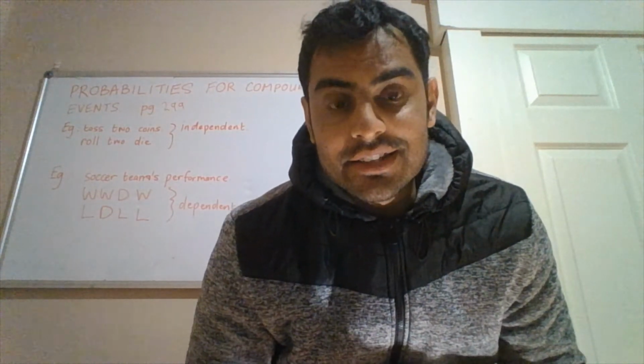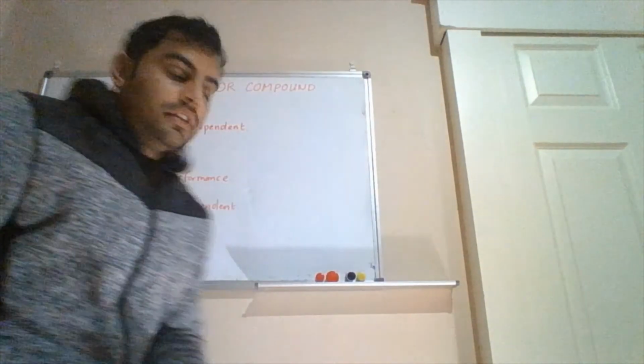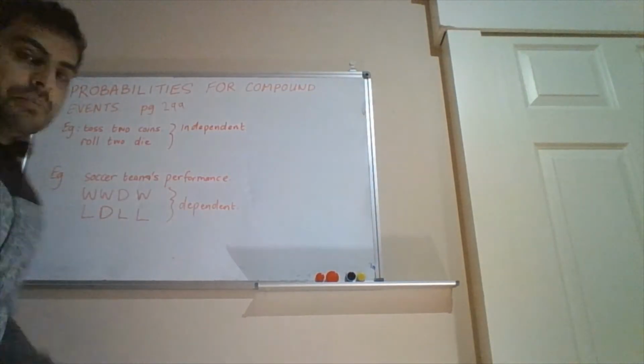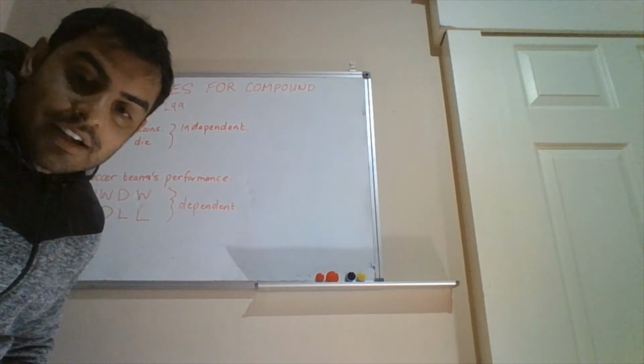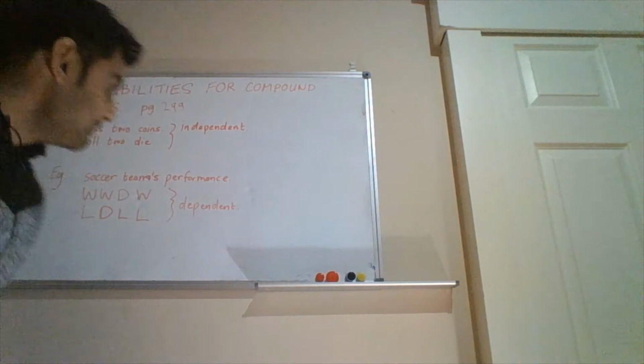This contrasts to the case where the events depend on one another, and here we say that the simple events are dependent. So here we have a compound event looking at the four games of match performance for a soccer team.